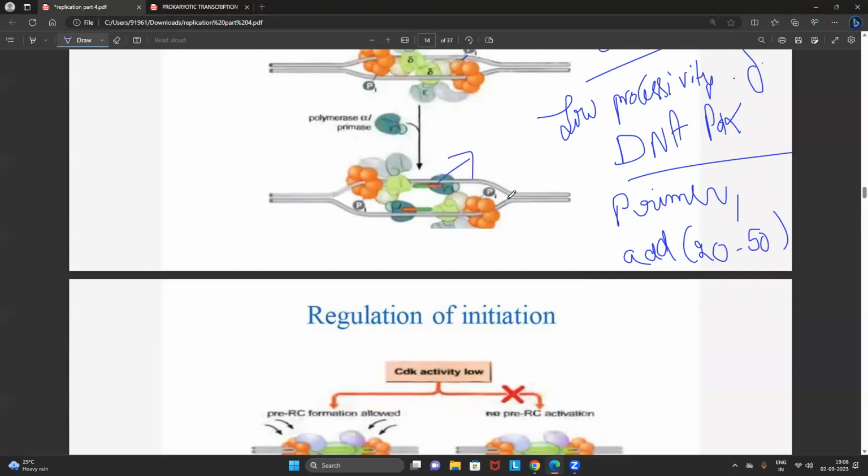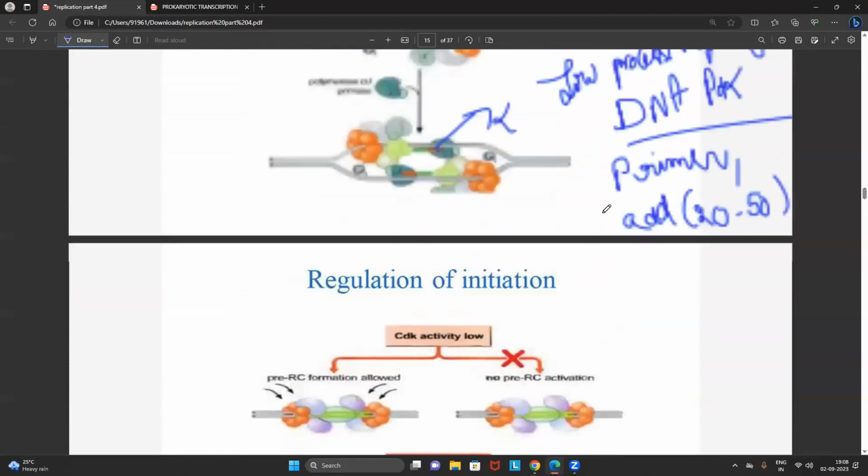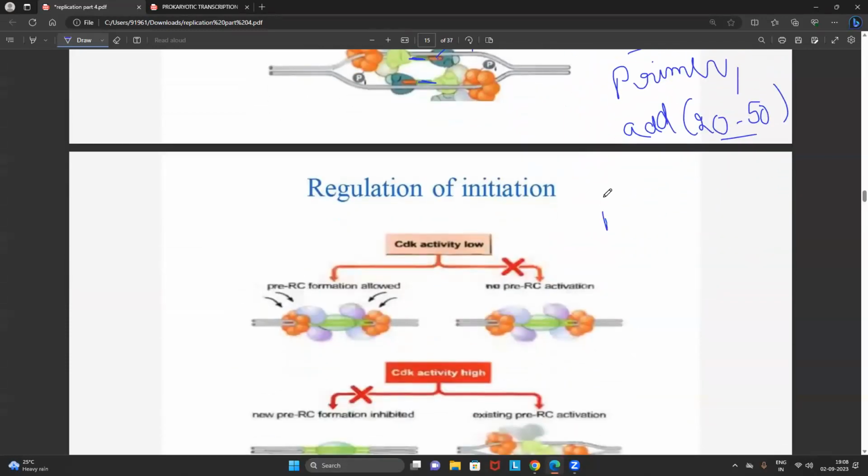After addition of the primer, polymerase alpha itself adds nucleotides in a continuous manner, up to 20 to 50 nucleotides. Later it is replaced by delta. My simple question to all of you: I hope you remember, what is the name of the substance or protein which can replace polymerase alpha with polymerase delta?